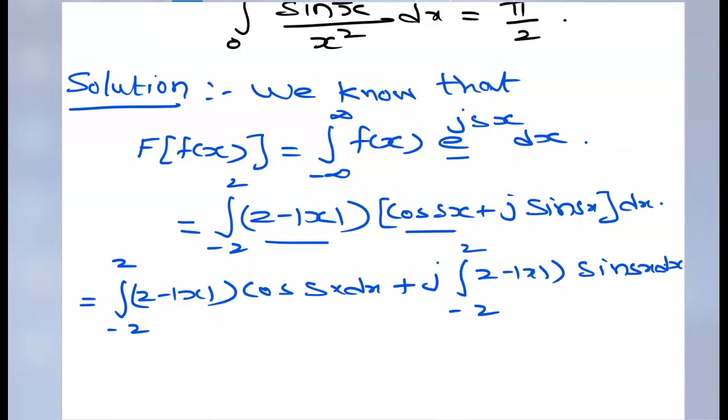Now the integral with the sine is an odd function, so you can cancel this value, it is equal to 0. Otherwise, directly here itself you could have cancelled and written it as 0. I have written just one line for you, this is 0.